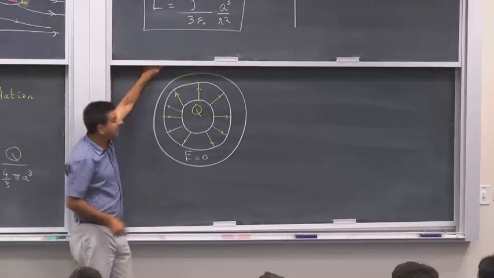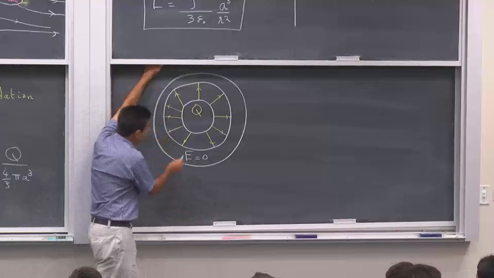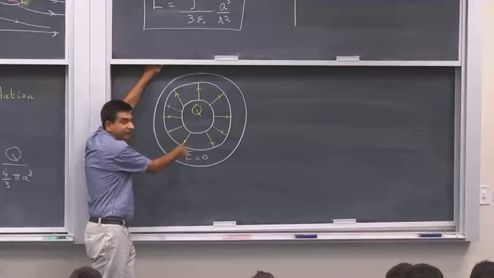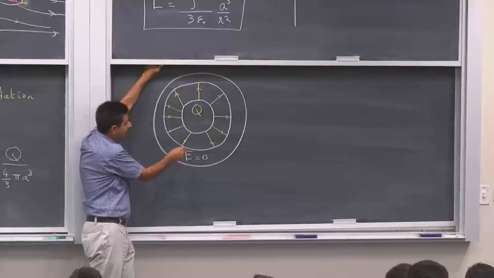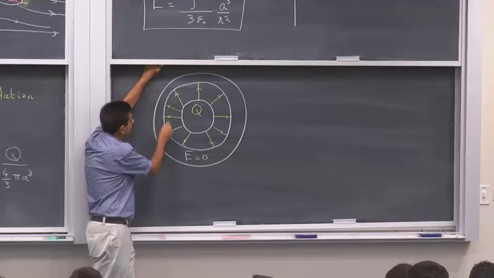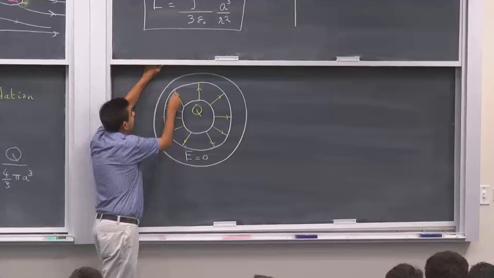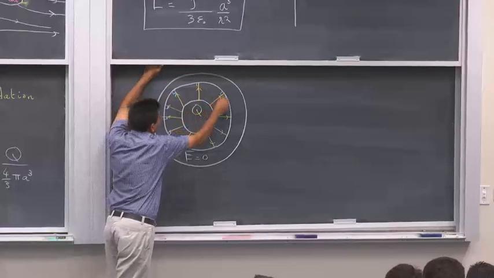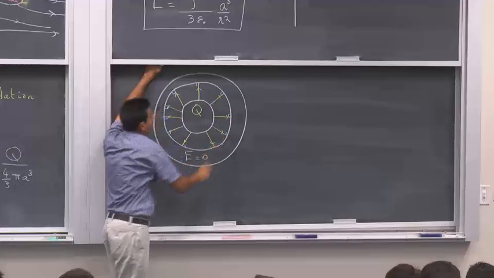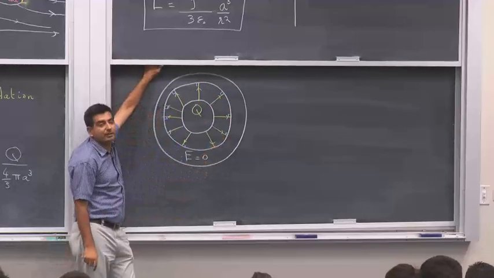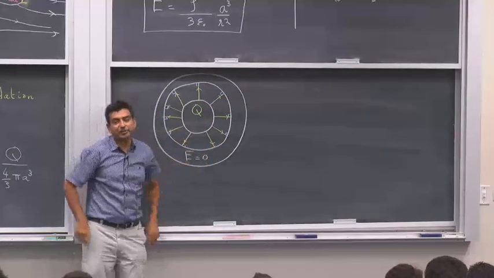Now this necessarily means that the electric field that just touches the inner periphery of this metal has to be normal to this surface. And since it's a radial situation, it is indeed normal. And the electric field inside has to be zero.